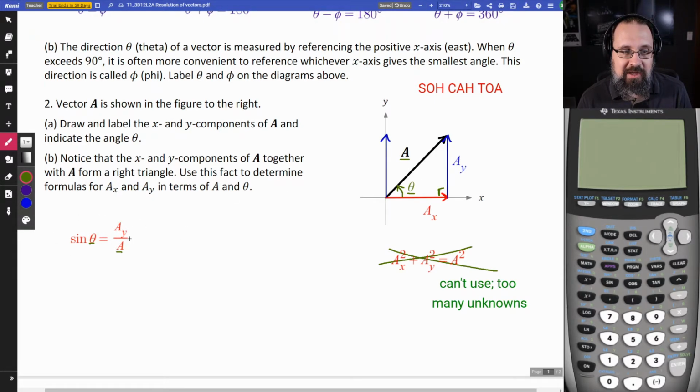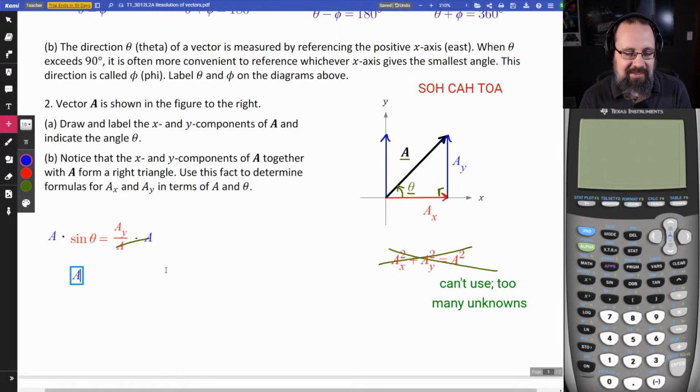And in fact, if we solve this for AY, we need to multiply both sides of this equation by A. I'll go ahead and do that in blue. So if I multiply by A on this side, and I also multiply by A on the other side, then what will happen? Well, the A's on the right-hand side will cancel out, and we'll just get what AY is. So let's go ahead and write that out.